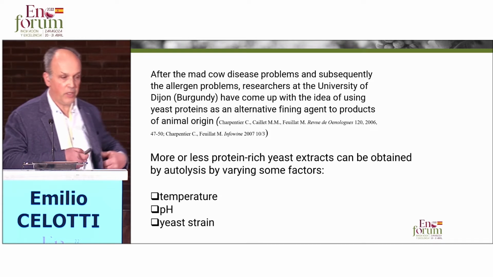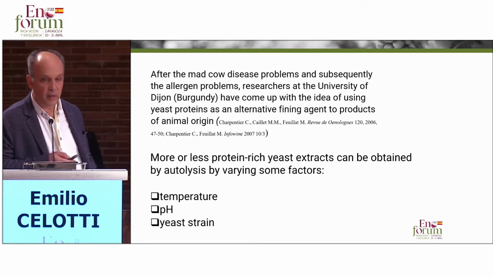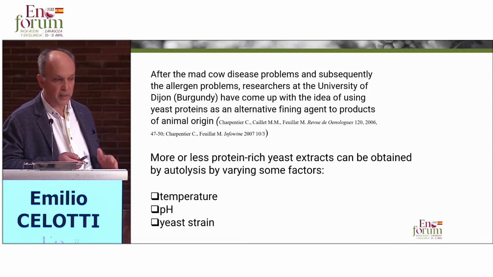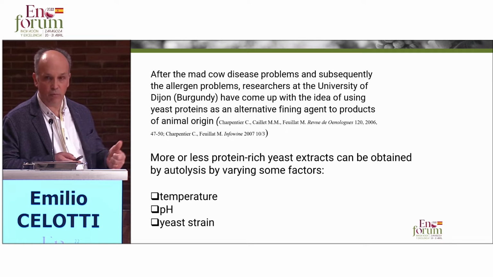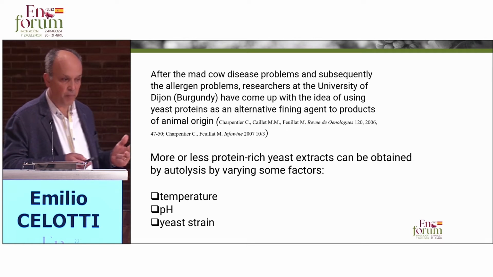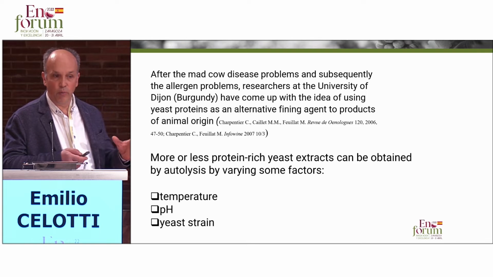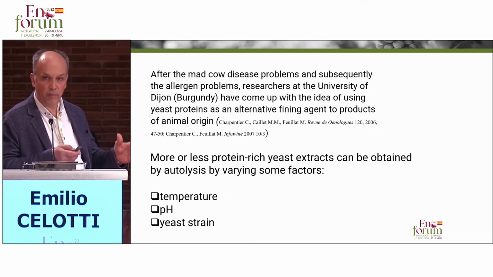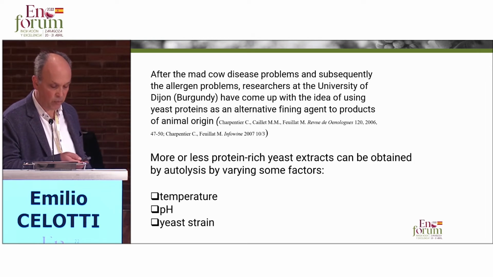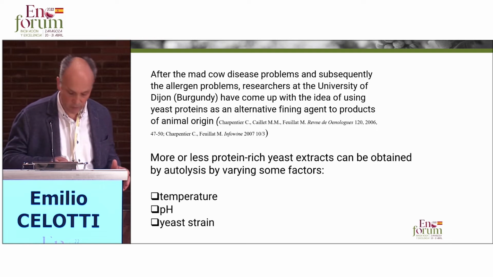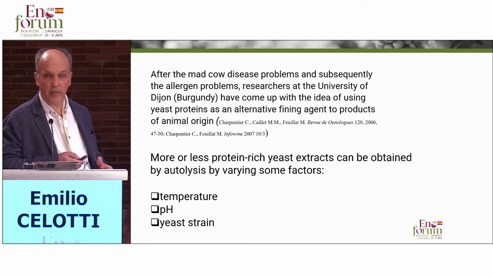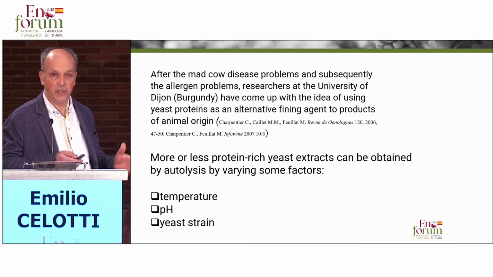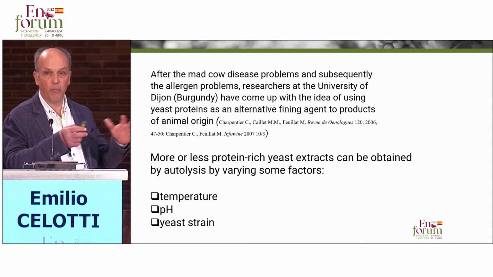We're talking about products rich in proteins, produced by yeasts with concrete characteristics, depending on temperature, pH, and yeast strain. So, they are protein-rich products, and this can change depending on the process of production and their characteristics.